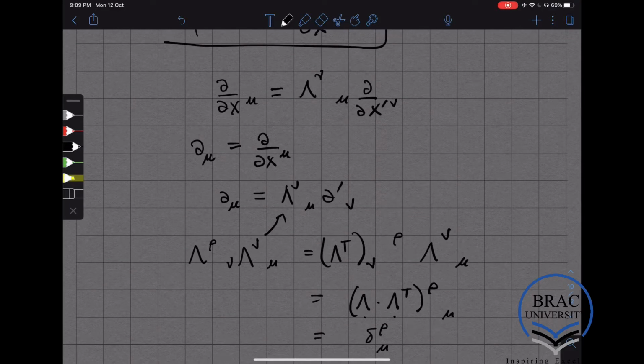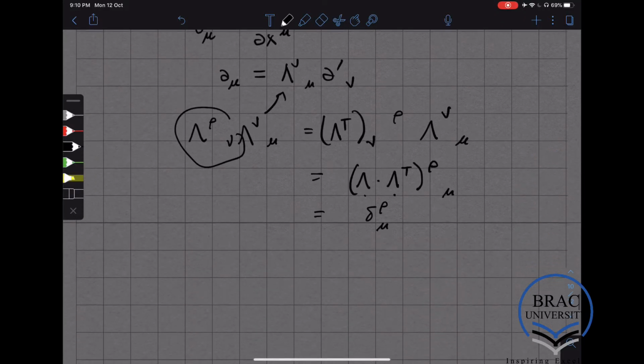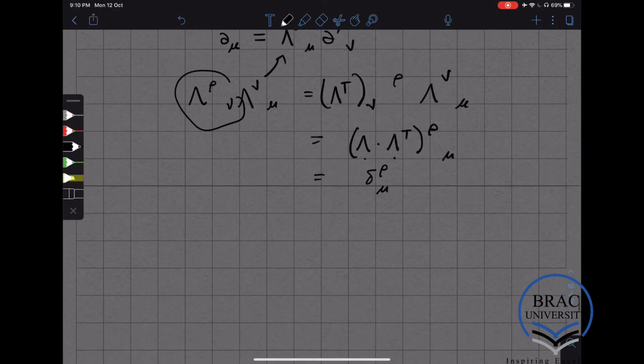So what we can do is multiply this equation on both sides and sum over the index, and then we can find that the transformed del downstairs mu, the derivative operator, is given by lambda nu mu del of nu.